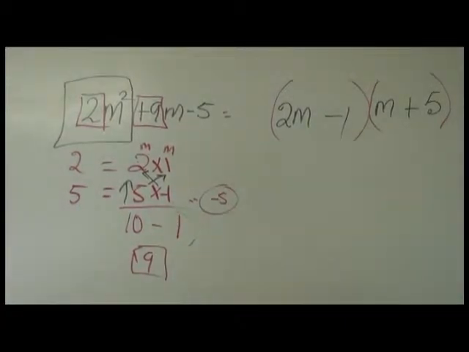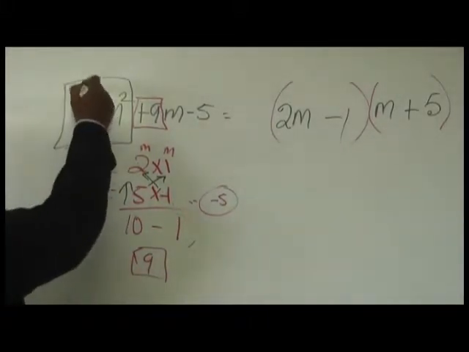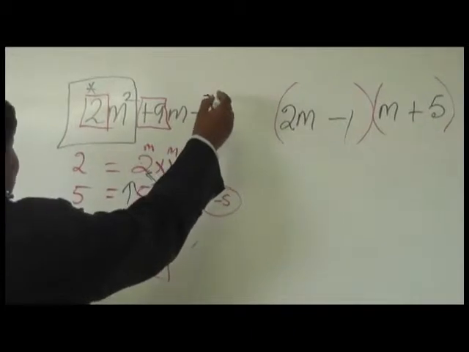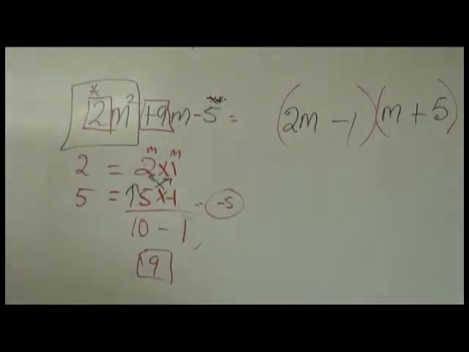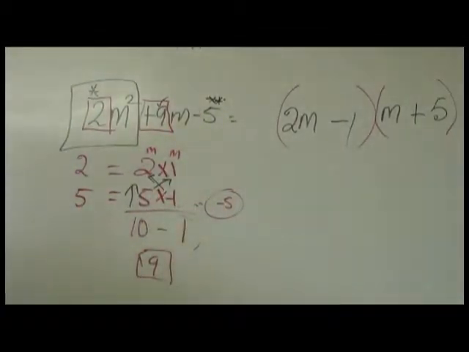In terms of having our 2m squared plus 9m minus 5, first of all, we use the coefficient from our x squared term and our constant term to try multiplying the factors to give us back the coefficient of our middle term.